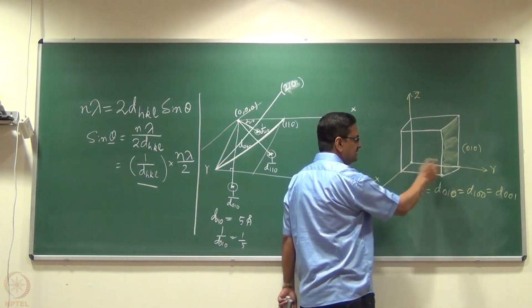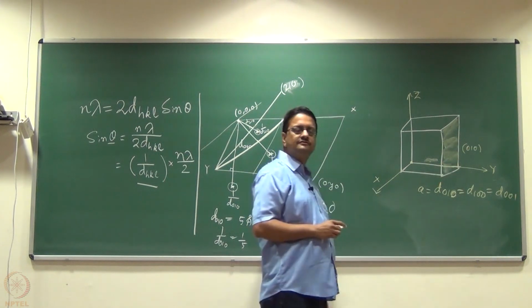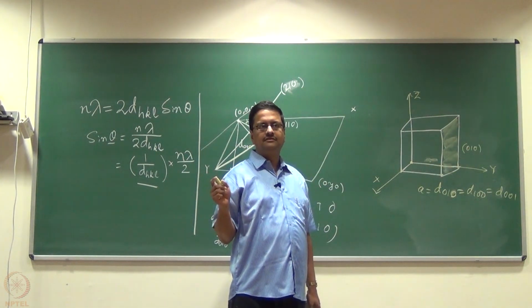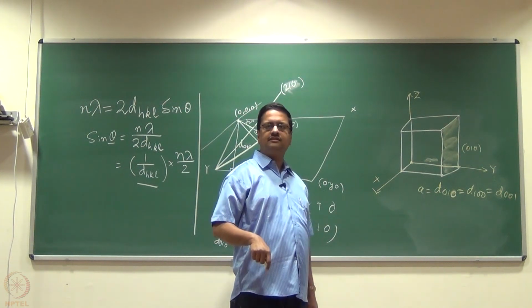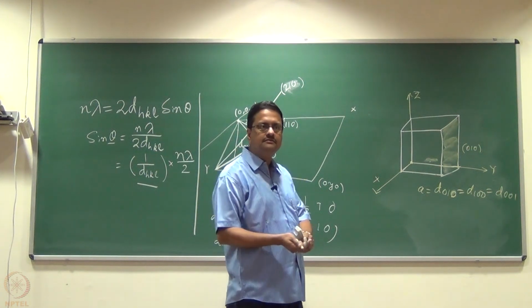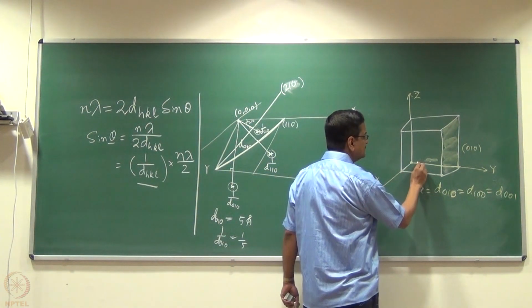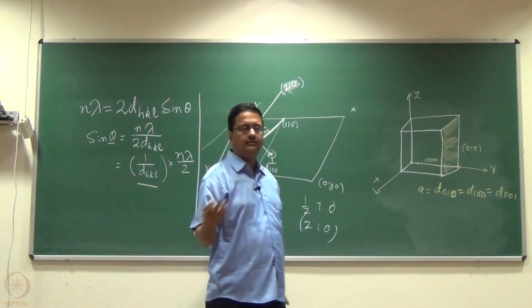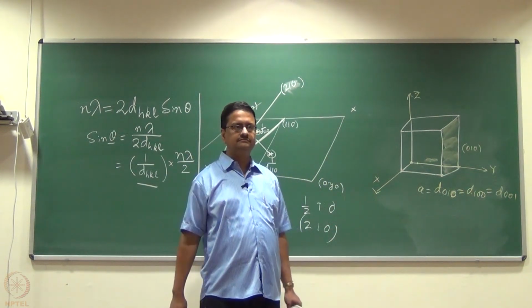Now for this edge length, suppose it is 10 angstrom cubic, where should I cut this point? 1 by d. So I cut it at some point here. 1 by d is 1 by 10.